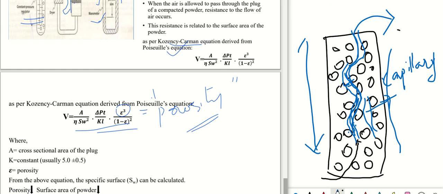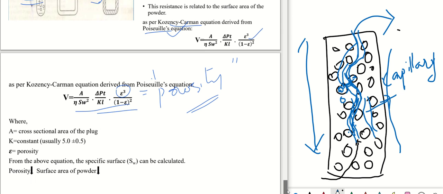We need to consider porosity because the spaces between the particles and inside the particles also act like capillaries through which the air passes. That's why we consider the Kozeny-Carman equation, because we need to include the porosity parameter. This equation is derived from Poiseuille's equation.